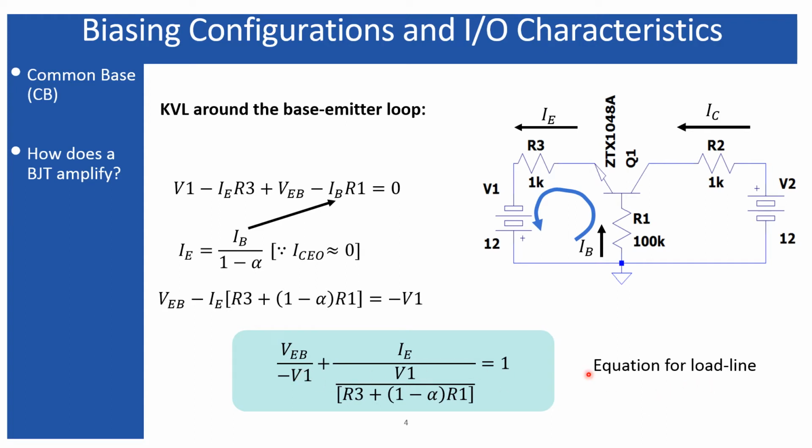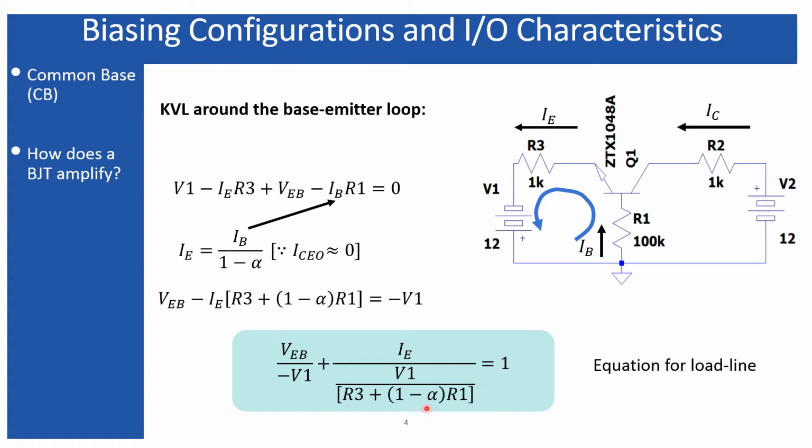So that straight line intersects the emitter base axis at minus V1, because the emitter base is on the negative axis, as we have seen in my earlier lecture. While it intersects the IE current axis at this value.